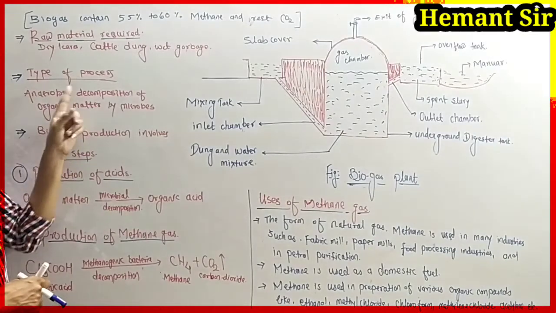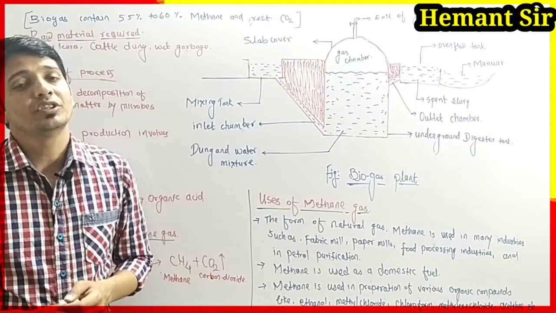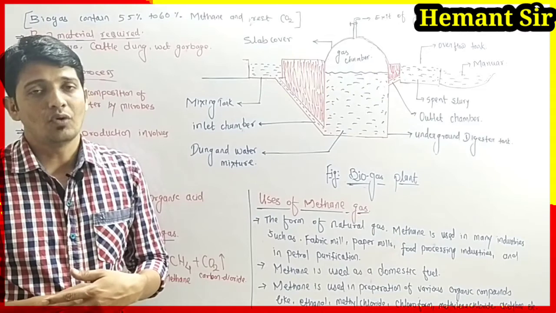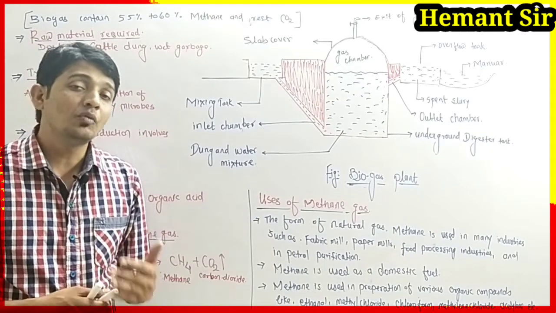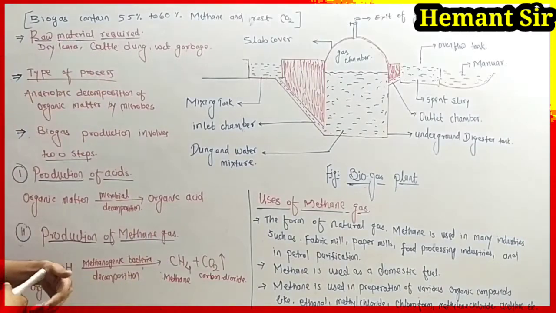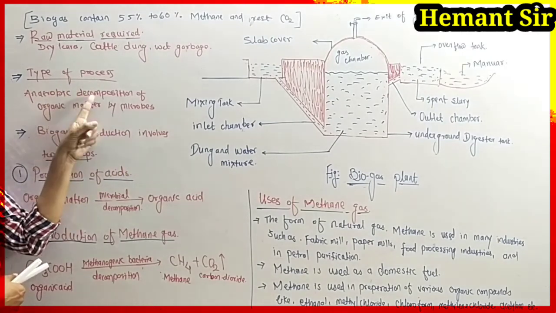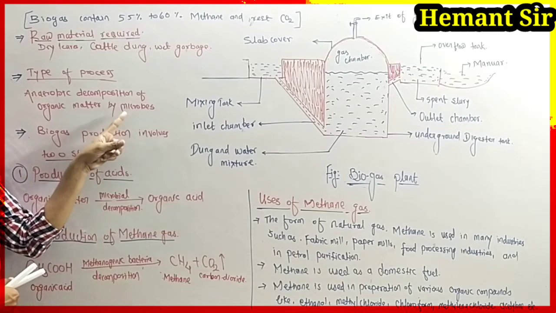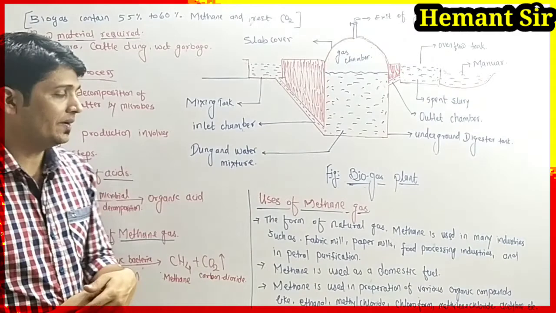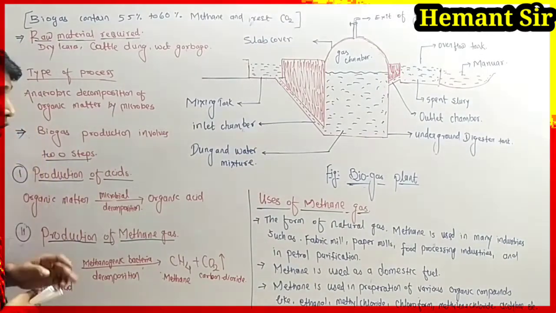Next, the type of process. Oxygen gas is absent, that's why the anaerobic process takes place. During the anaerobic process, organic acids are formed, and then the organic acids are converted into methane gas with the help of methanogenic bacteria. Biogas production is the anaerobic decomposition of organic matter by microbes. Microbes are microorganisms like bacteria. Biogas production involves two steps.